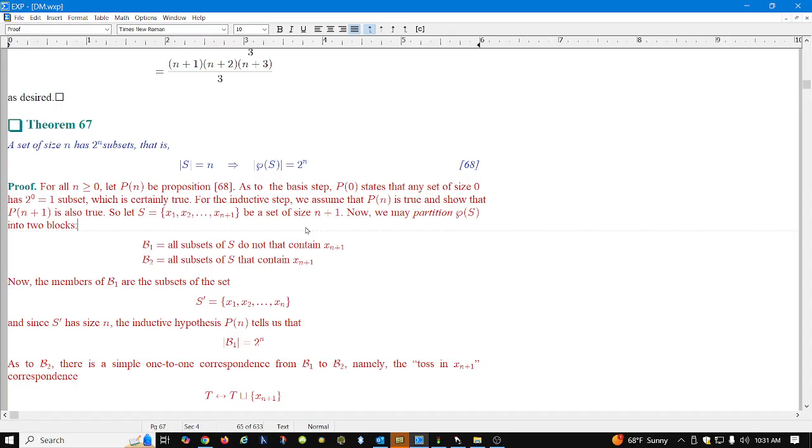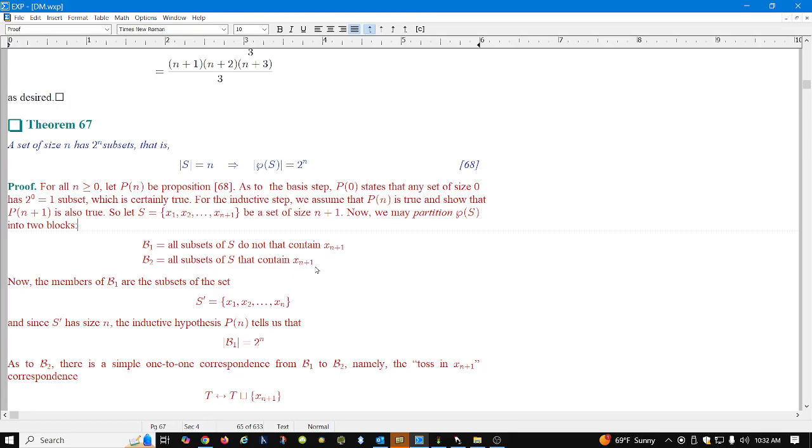Well, the first thing to do is to partition the power set of S into 2 blocks. B sub 1 is the block of all subsets of S that do not contain x sub n plus 1. B2 is the rest of the subsets, the ones that do contain x sub n plus 1.